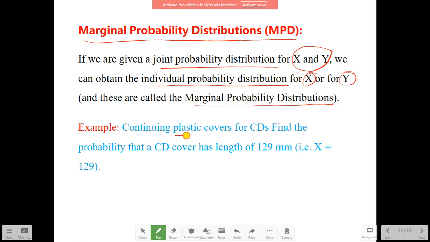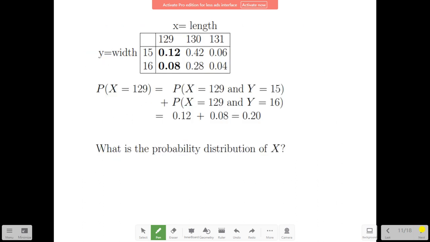Continuing with the plastic covers for CDs example, find the probability that a CD cover has length 129 mm, that is, the random variable X is equal to 129, given the table of the length X and the width Y. So the length X is 129, 130, 131, and the width is 15, 16.